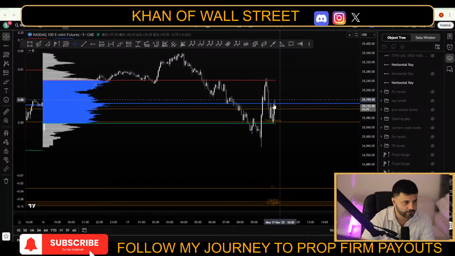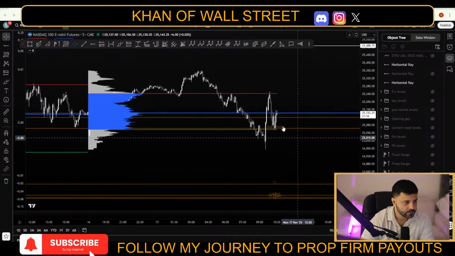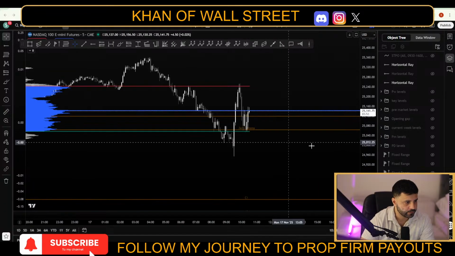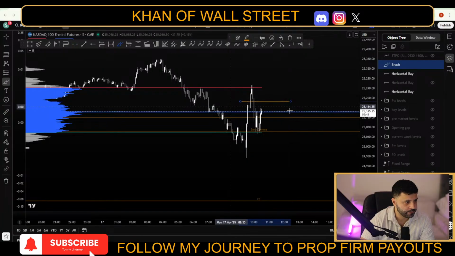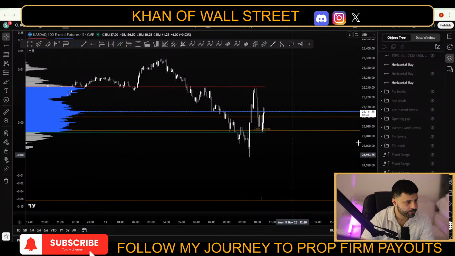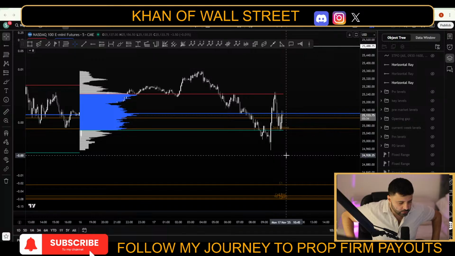So we can't seem to get above the point of control right now. But I do think it's going to fill this imbalance. We're trying to fill it. I still think it's going to fill it. But 71 points is decent. But 40 would have been my stop. So 71, that's almost a 2-to-1. So that's alright.